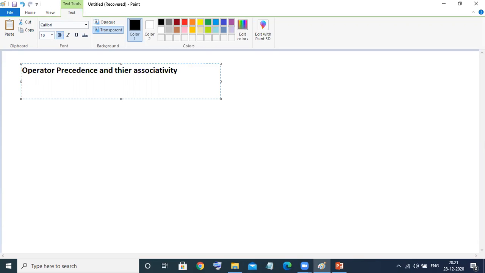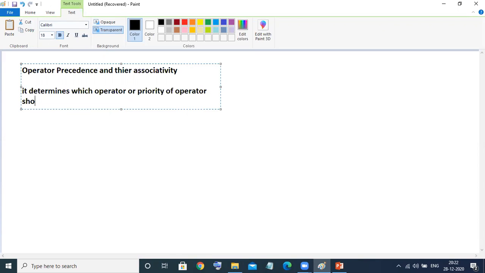Operator precedence means what? It determines which operator, or you can say the priority of the operator, should perform, or you can say execute, first in any expression.